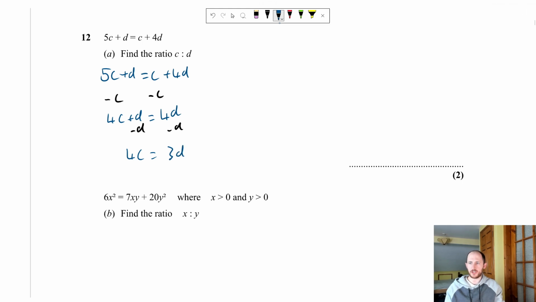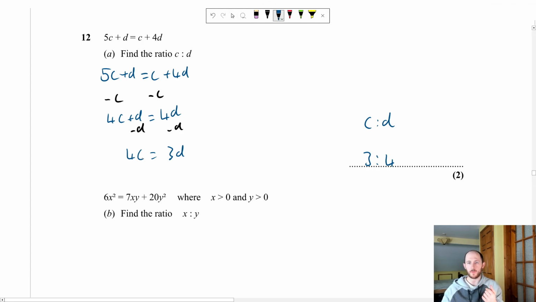Now if I'm looking at the ratio of c to d, which I'm going to write over here, well, c is 3 times bigger than d. Now there is actually another way to do this, which I will show you as well. But if you like, c is 3 times bigger than d, so then the 3 would be on the left side, and d is 4 times c, so it would be on the right side.